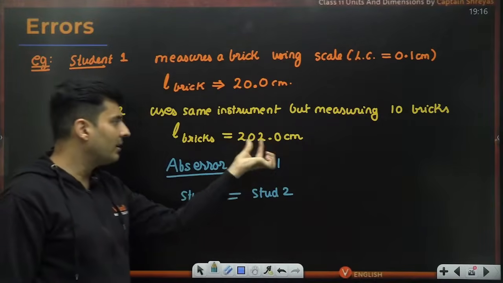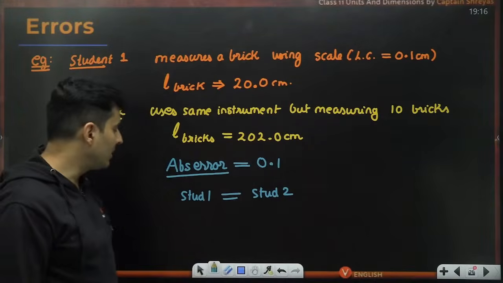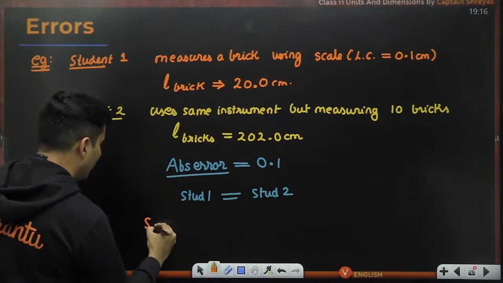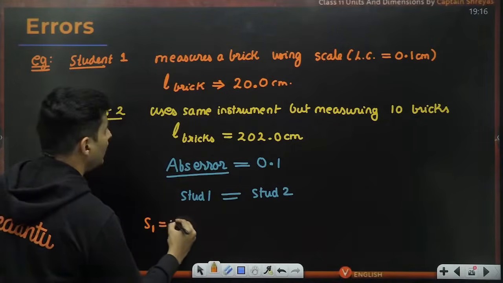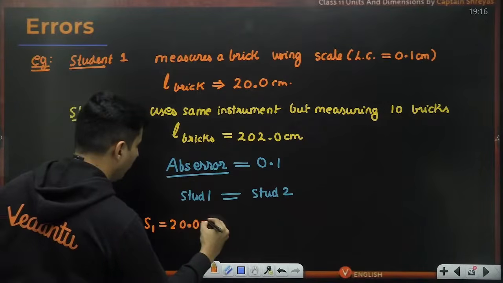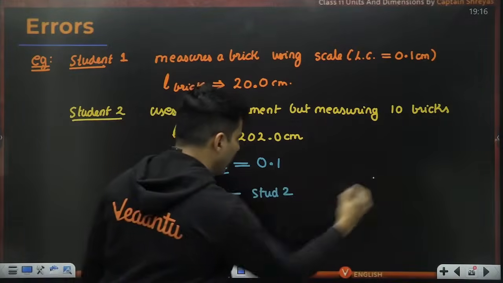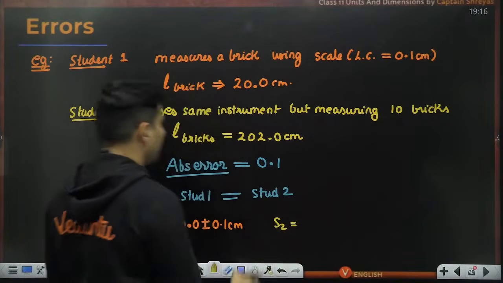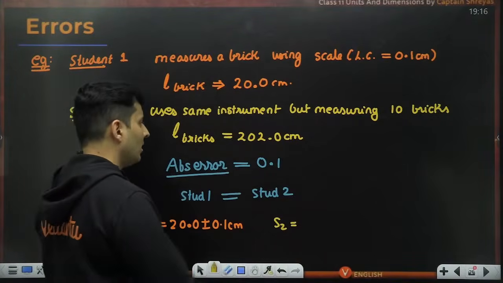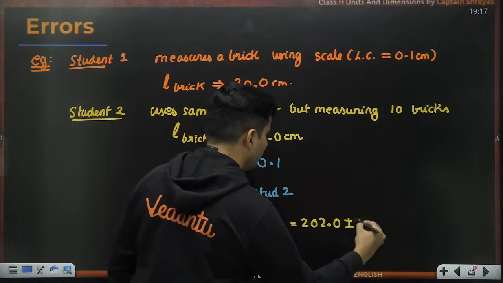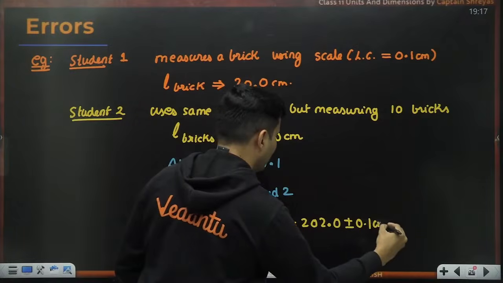So absolute error is the uncertainty in the measurement. Student 1's reading will technically be 20.0 plus minus 0.1 centimeter. Student number 2's reading will be 202.0 plus minus 0.1 centimeter.